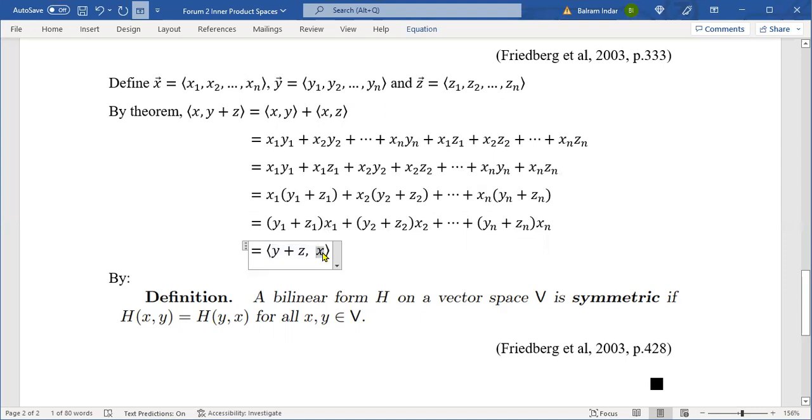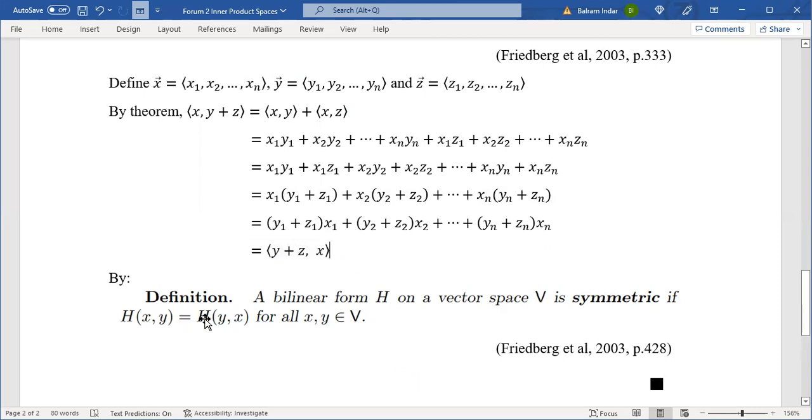You can see that at the bottom. So I'm taking all the y sub 1 plus z sub 1 components and multiplying them by the x sub 1 components, and I'm doing that throughout. And you can see that generally boils down to the inner product of y plus z and x.